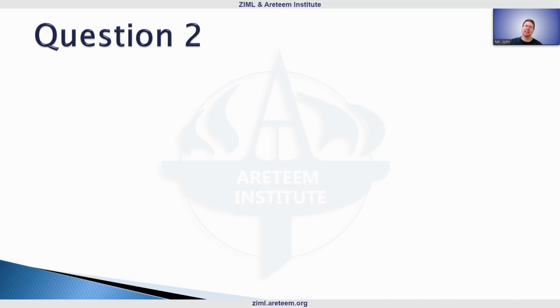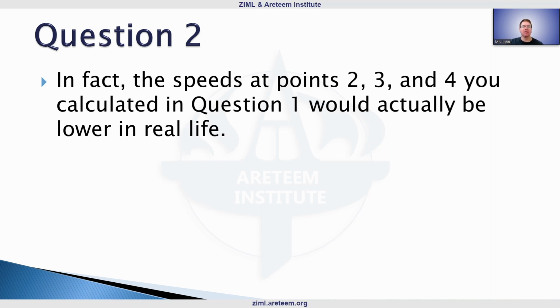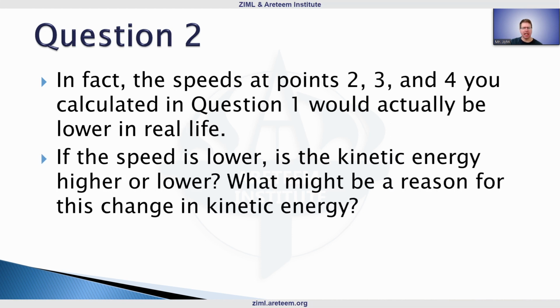Now, a little bit of real world messiness to think about. Again, we're not going to get into the physics too much, but in fact, the speeds at points 2, 3, and 4 that you calculated would actually be lower in real life. If the speed is lower, what does that tell us about the kinetic energy compared to what you might have seen there?